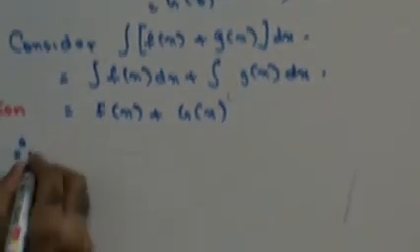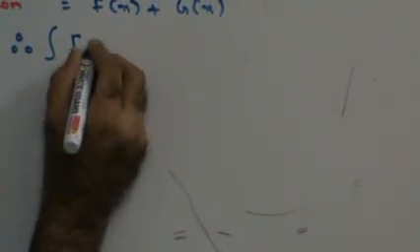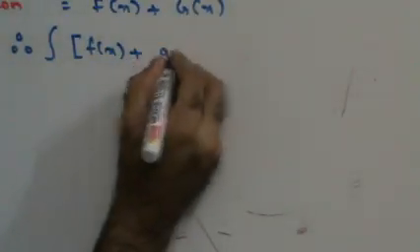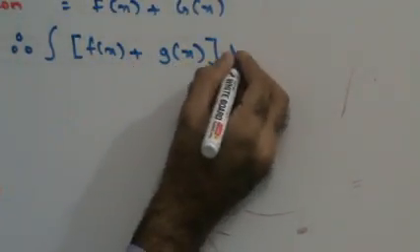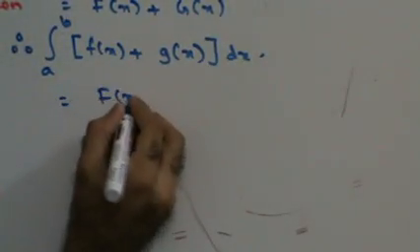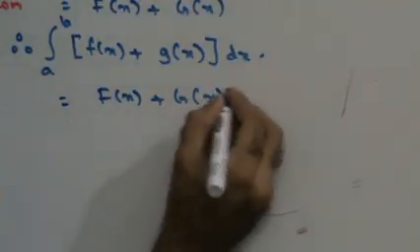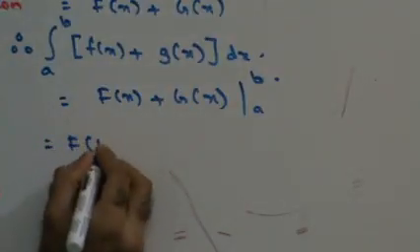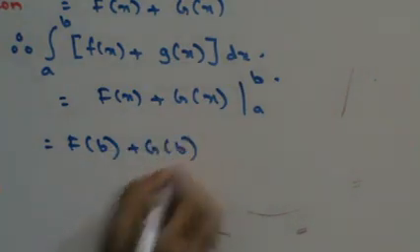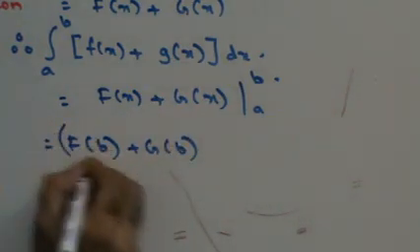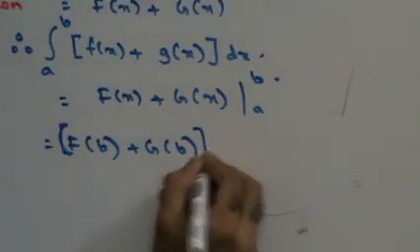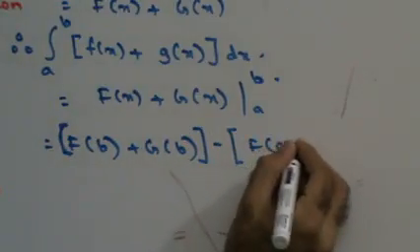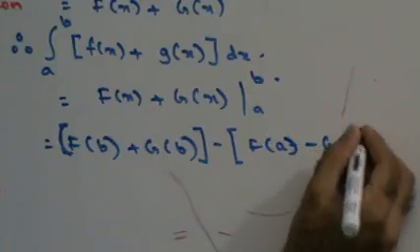Therefore, I can say that the integral of f of x plus g of x with respect to x from a to b will be nothing but F of x plus G of x from a to b. This is going to be upper limit minus lower limit. So this is going to be F of b plus G of b, upper limit, minus lower limit, F of a minus G of a.